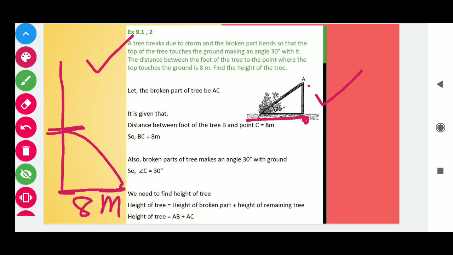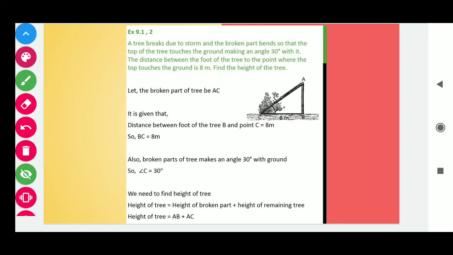And here the angle is also given, inclination is 30 degree. Find the height of the tree. That means we have to find the perpendicular and the hypotenuse, and after that add both to get the height of the tree. So let's start.